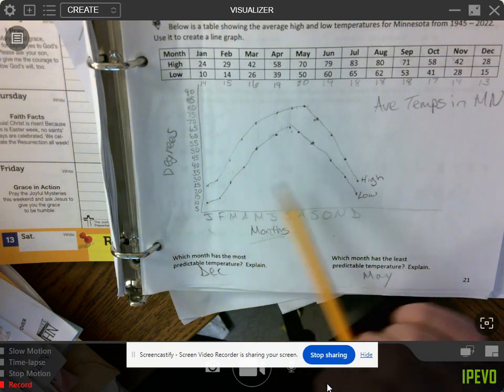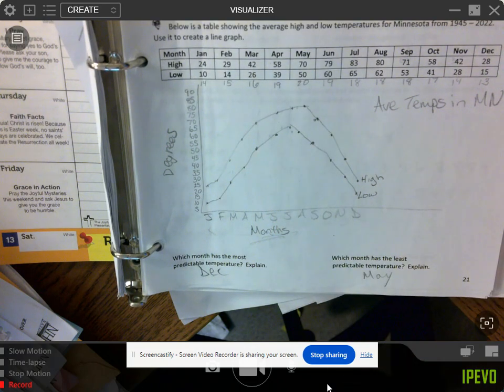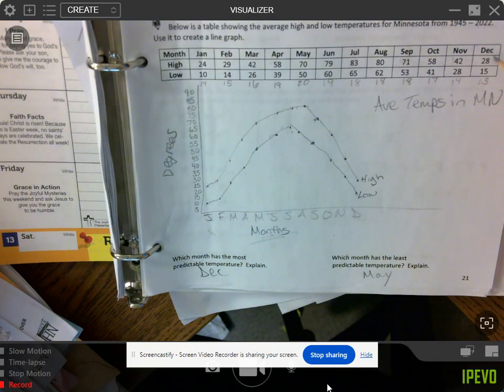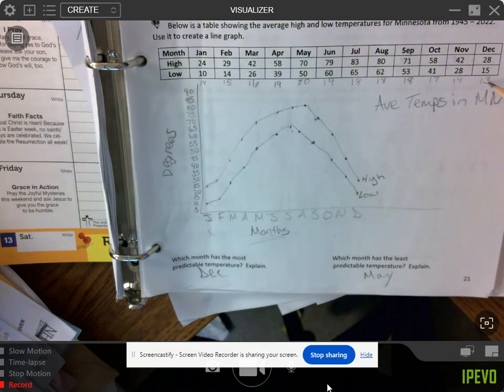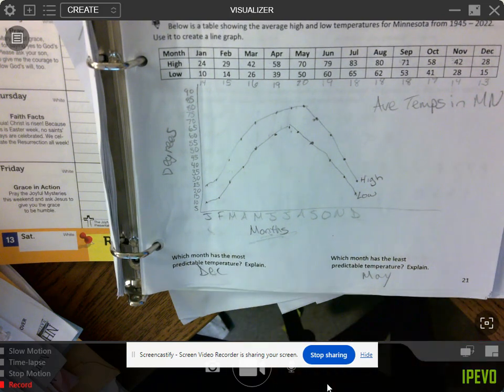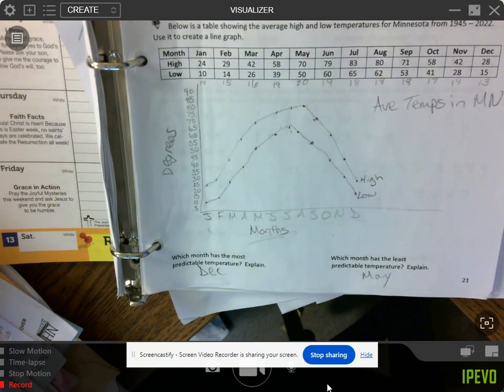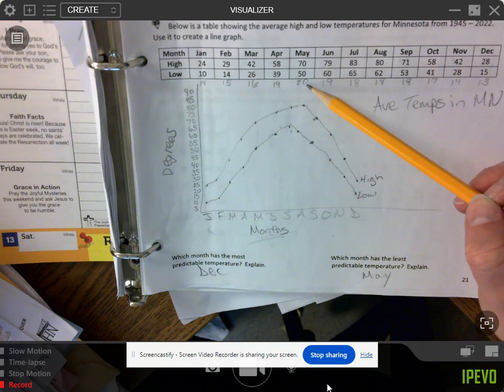Okay, so looking at our data, between the high and the low for December, the high and the low are the closest together. They're only 13 degrees apart. So that's why it's the most predictable, because there's not a big range of data. So it's going to be in that small amount of degrees for December. The least predictable is the one that has the biggest difference, which is May.